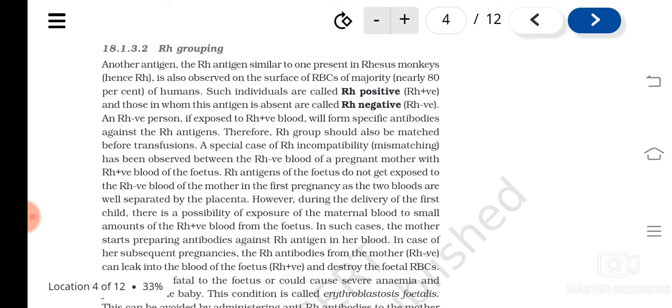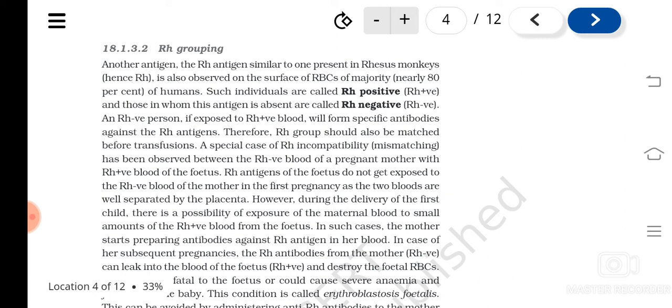Once there is mixing of blood between these two during the first delivery, the mother's body will start producing antibodies against the Rh antigen.